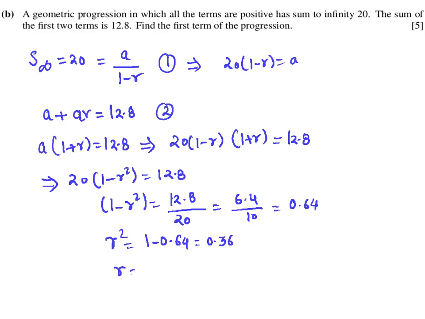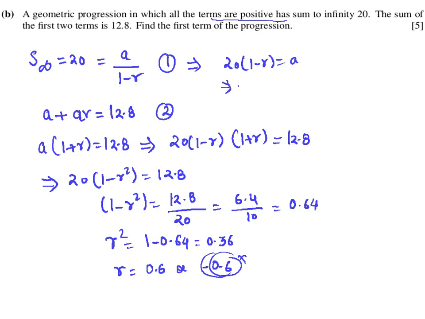So r will be either 0.6 or minus 0.6. Now this line becomes important: all terms are positive. So r cannot be negative. Remove this. To find the first term of the progression, you have to replace the value of r here.